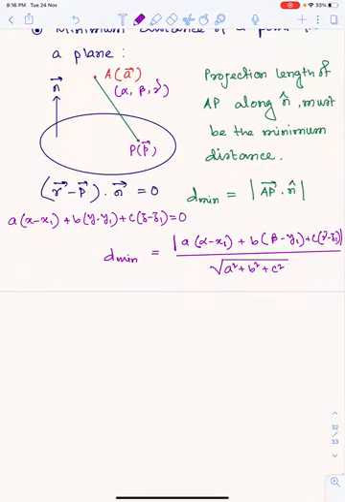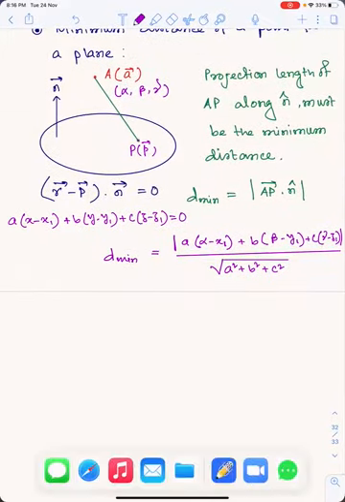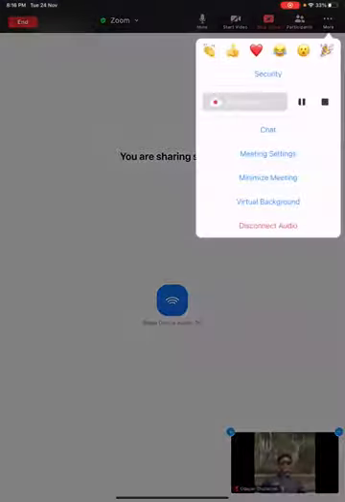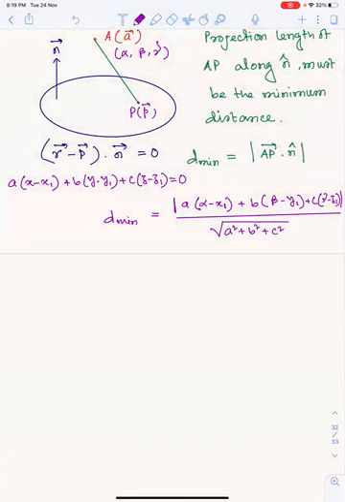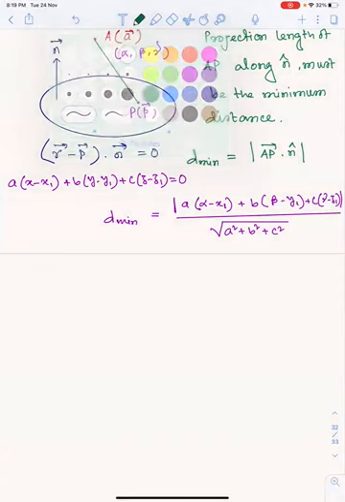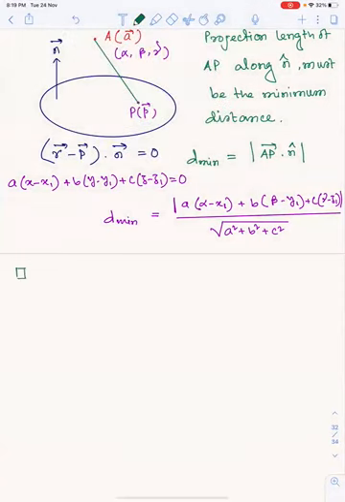Okay. Next idea to be considered is the line of intersection for two planes.